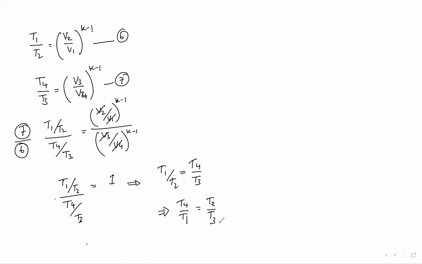Which gives me that the thermal efficiency equals 1 minus T1 over T2, and T2 over T3 minus 1 divided by T3 over T2 minus 1.